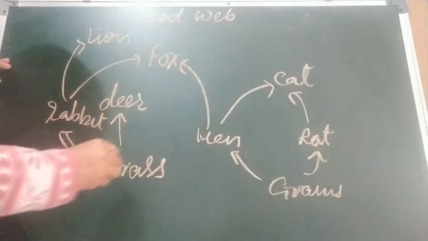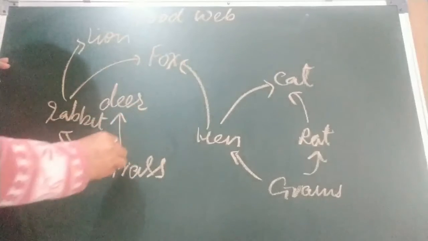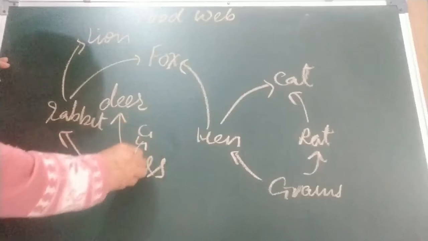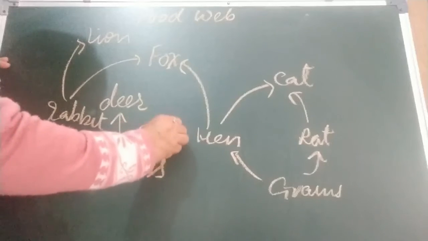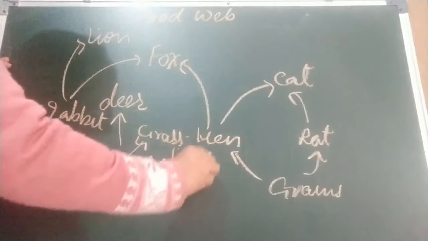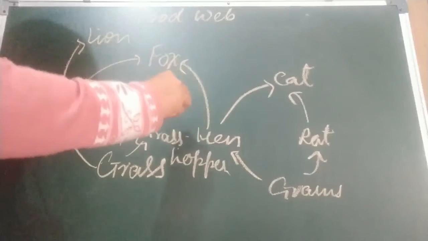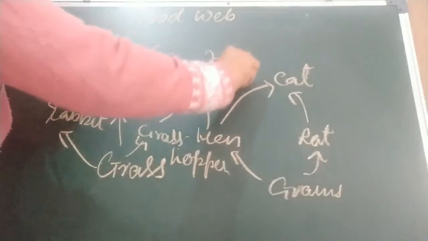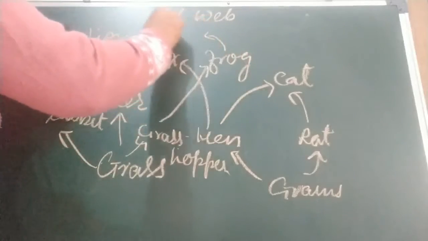So all of them are interconnected with each other. One more, grass is eaten by grasshopper. Grasshopper is eaten by frog. Frog is eaten by snake.